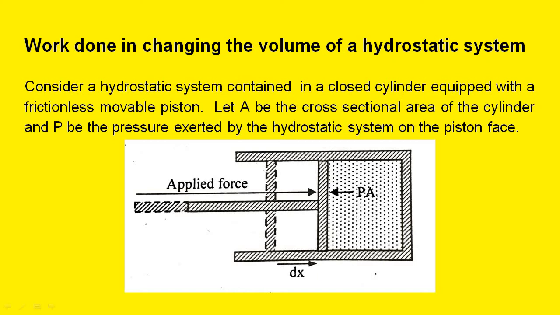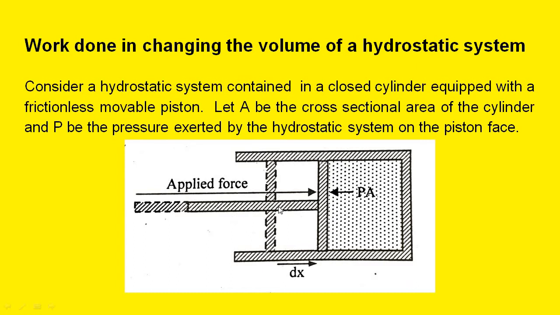Now, we will derive an expression for work done in changing the volume of a hydrostatic system. We have already defined what a hydrostatic system is. You may consider a hydrostatic system contained in a closed cylinder equipped with a frictionless movable piston.